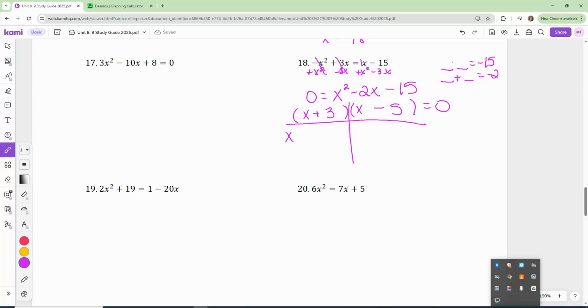So if we set those equal to 0, if this part is confusing you, write out the equations. It's just each parenthesis equal to 0, then it's solving an equation like we did at the beginning of the year. So you subtract your 3, and we get negative 3. Add my 5, and we get positive 5. So negative 3 and 5 are my solutions.